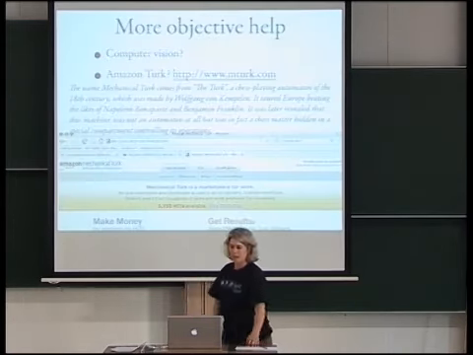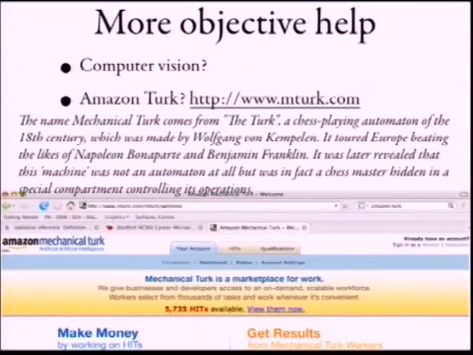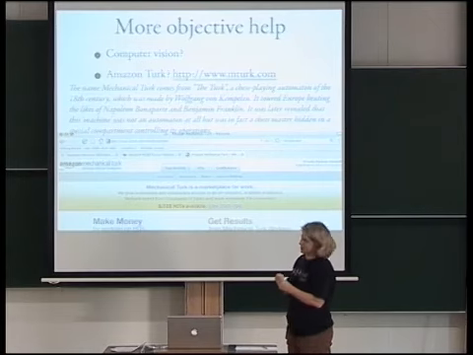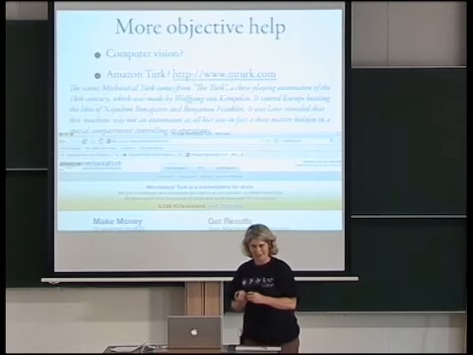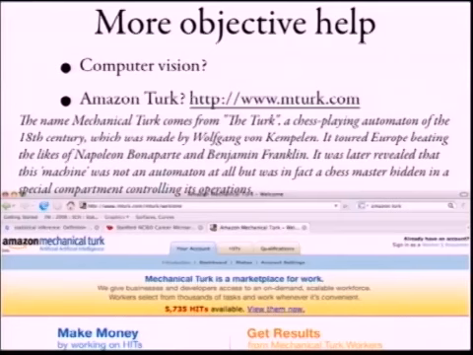Okay. So generally, if you want to have some more objective help, I don't know if we can bring computer vision into this, or I mentioned to some of you at times that there's this service by Amazon called the Amazon Turk. That comes from this old story of the Turk, which is a chess-playing automaton in the 18th century, which was made by this guy, Wolfgang Kempelen.